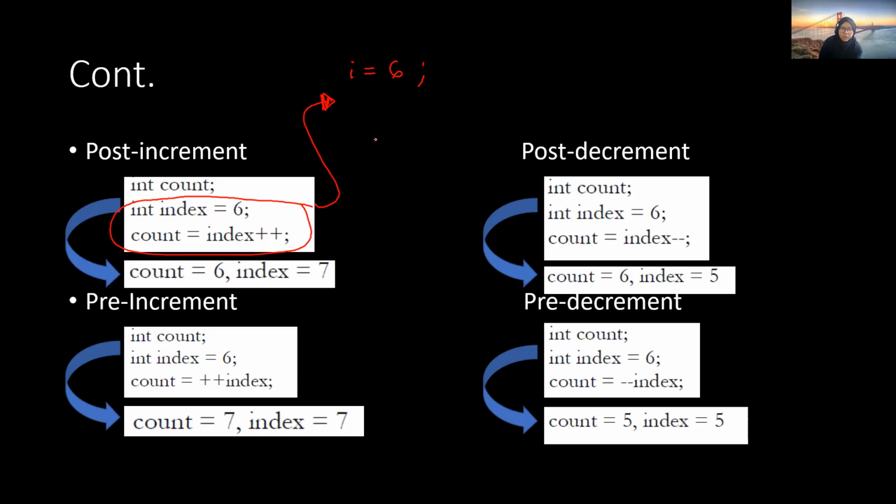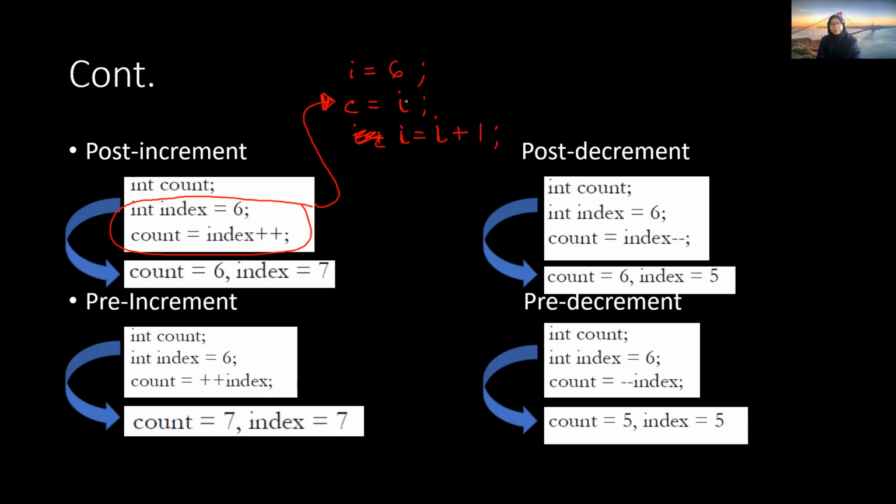Remember, what does index plus plus mean? Post means it will add after the operation. So it means something like this: c equals i, and then i equals i plus 1.